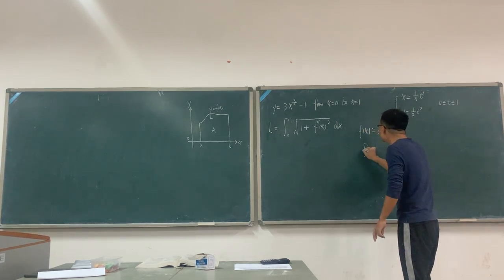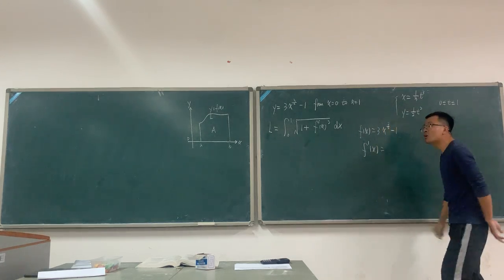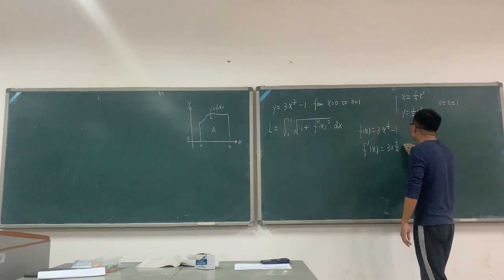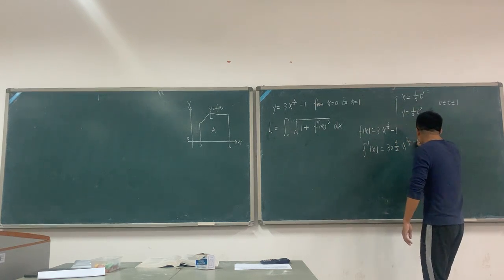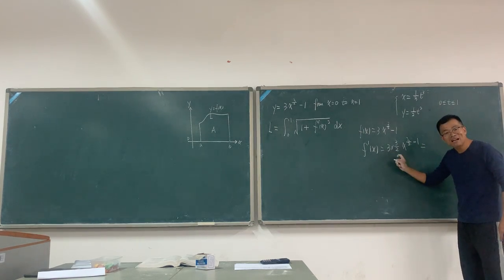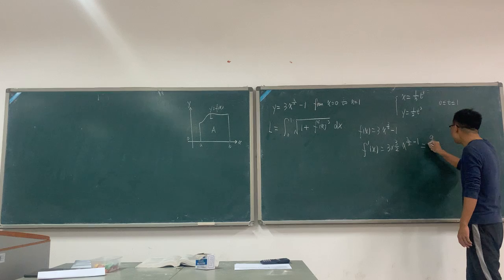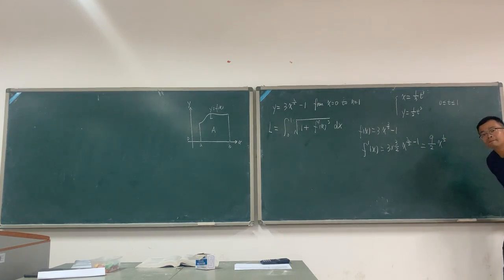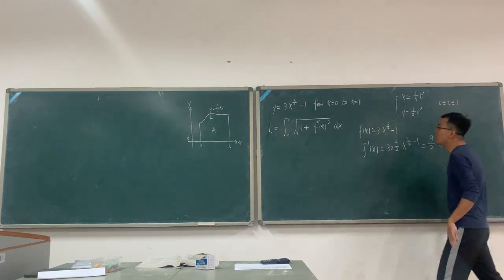So f prime equals what? f prime is 3 times 3/2 times x to the 3/2 minus 1 power, so 3 times 3/2 is 9/2, x to the 1/2 power. So this part squared, okay?